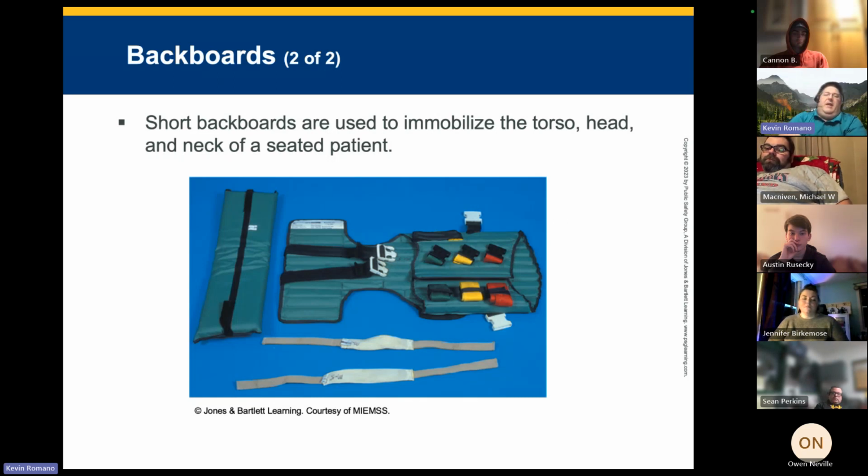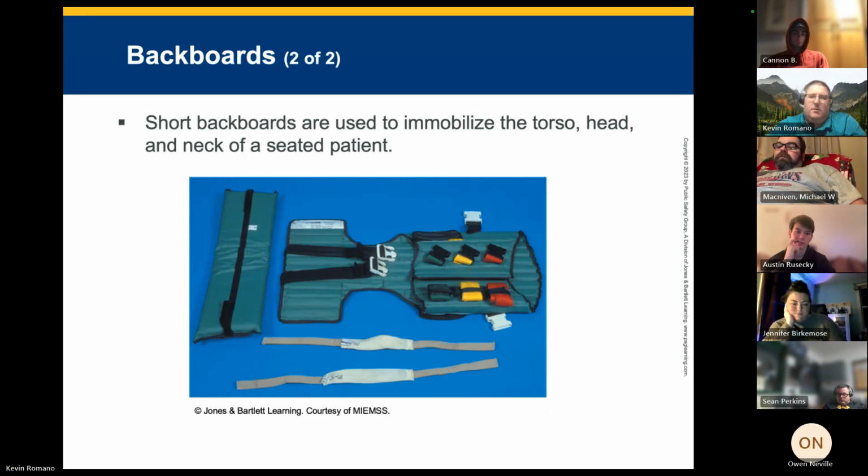But these were initially designed to remove patients out of cars that had spinal injuries that were low acuity, patients that didn't require rapid extrication.